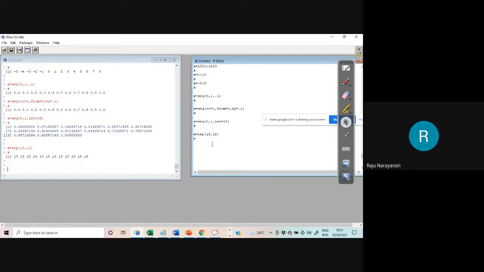You see, it makes our data entry work very simple. Suppose 15 is repeating 10 times and 16 is repeating 8 times. You can do it like that: c bracket, repeat 15, 10, comma, repeat 16, 8.